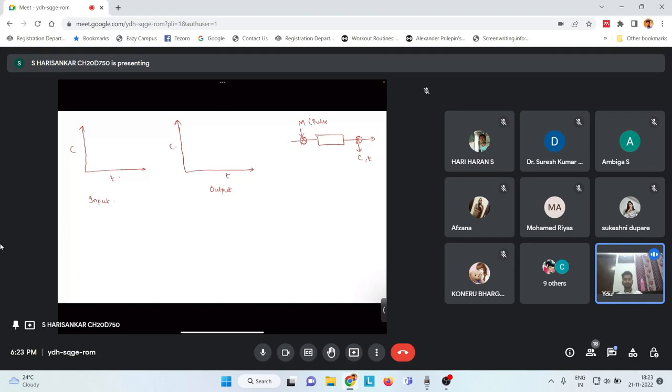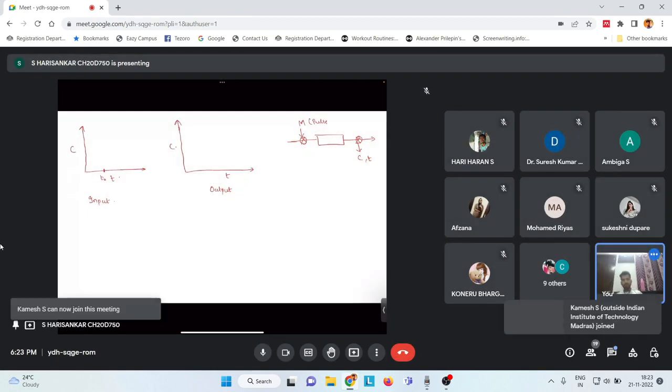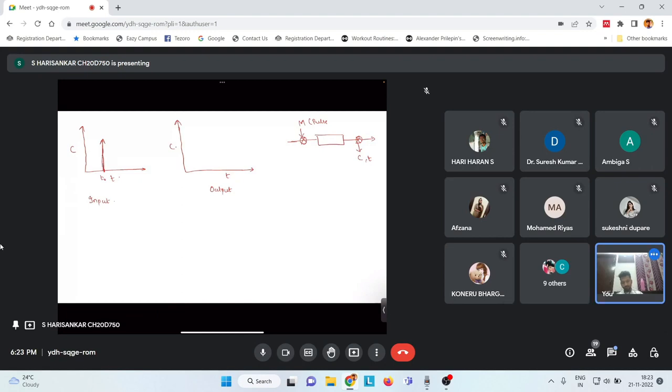So let's say we are injecting our tracer at time t0. Your input curve will be a straight line like this, or sometimes you can refer to this using your delta or Dirac delta function and so on.